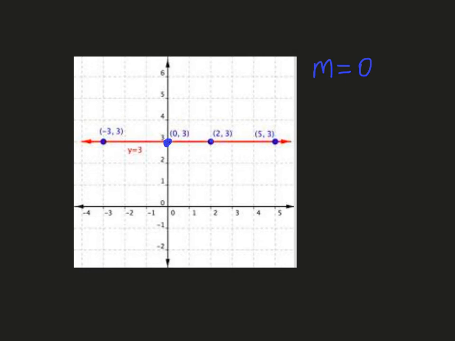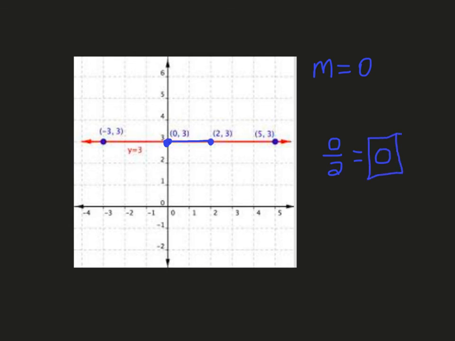But let's just pick 2 points on the graph. How far are you going up to get to this second point? Well, you're going up 0 points, right? And then I'm going to the right how many times? So my run is 2. Well, 0 divided by 2 is 0. So that's why it's a slope of 0.